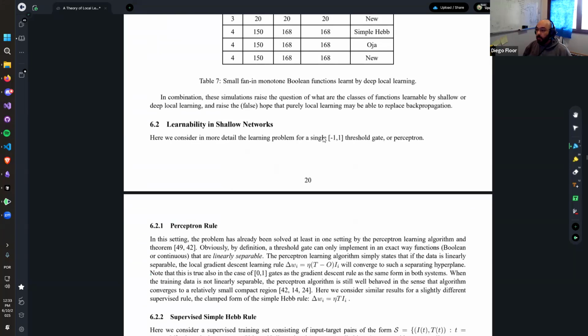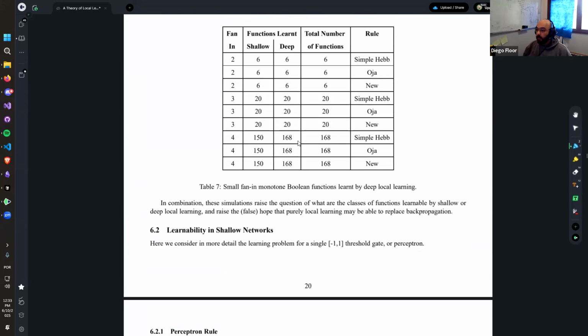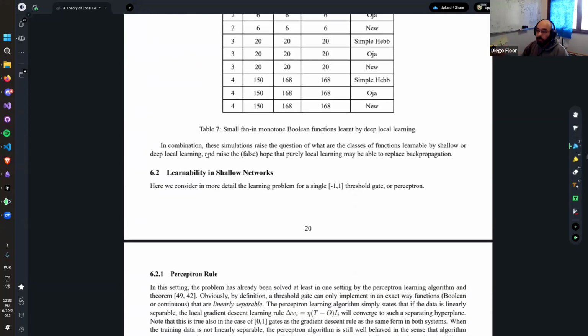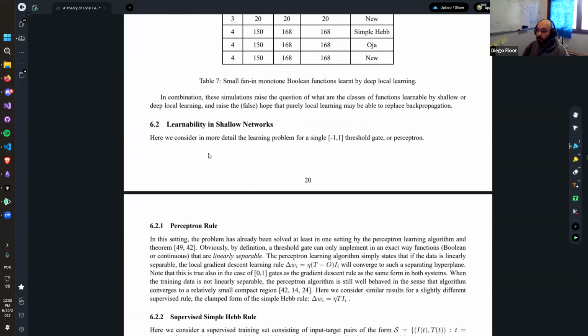But the gist of it is that later they're going to show that when you scale up, they stop working. Like if I have 200 inputs, then it's not going to work. And they show that it's not fundamental. I mean, it's not a matter of finding the right tuning. It's a fundamental issue.